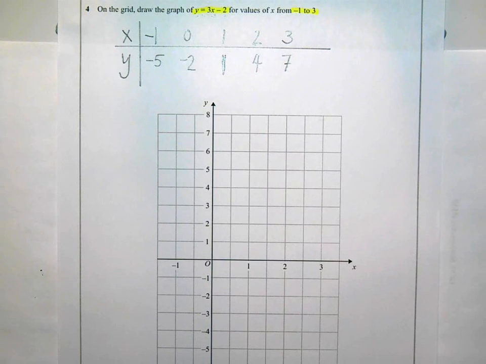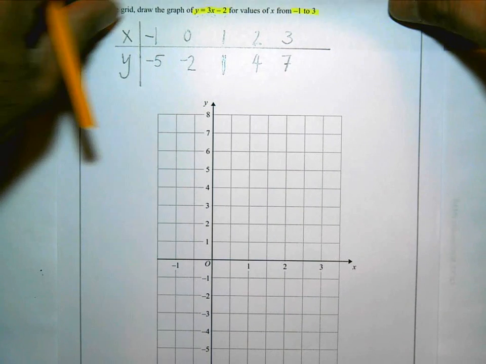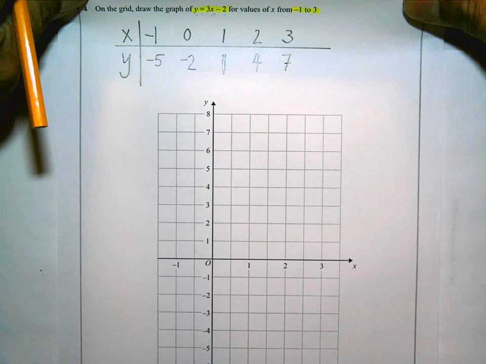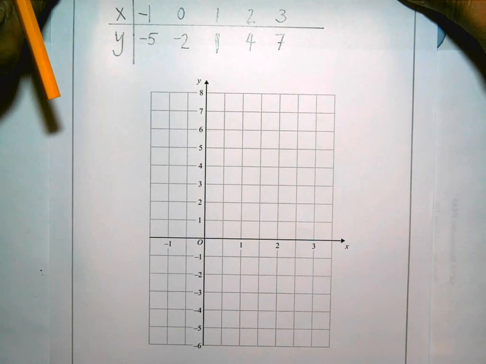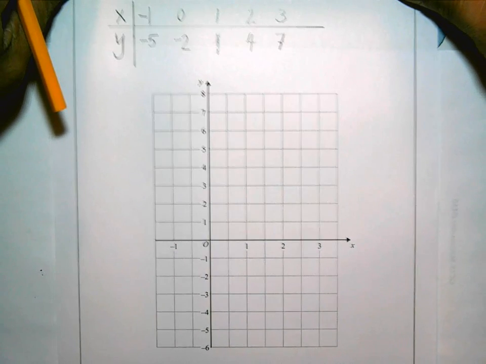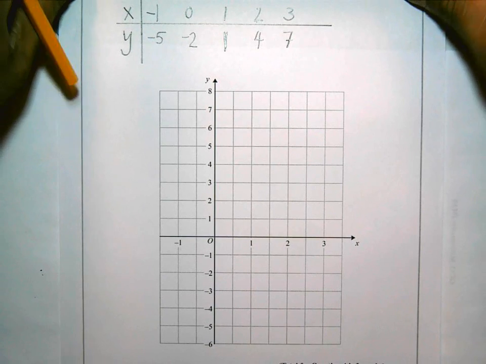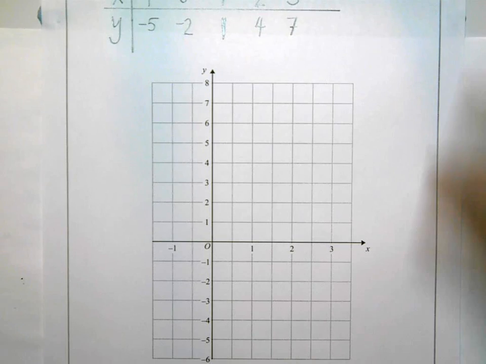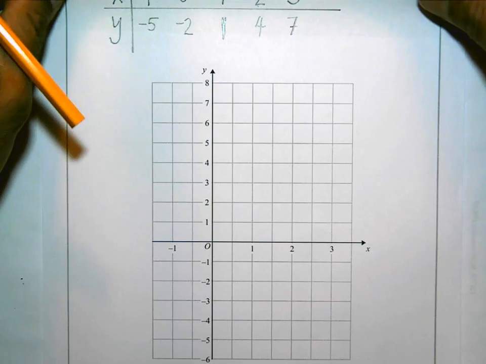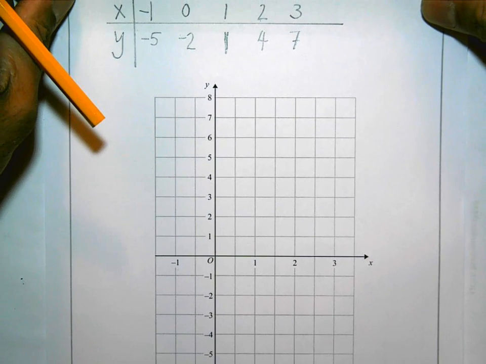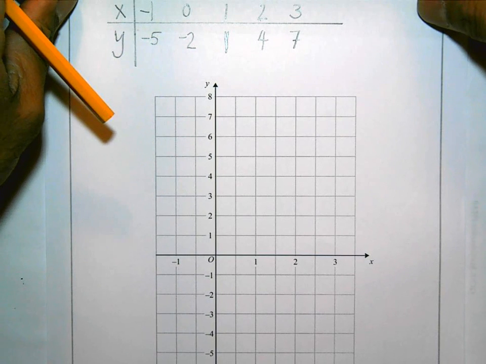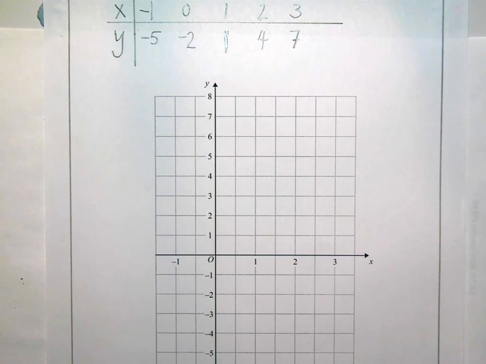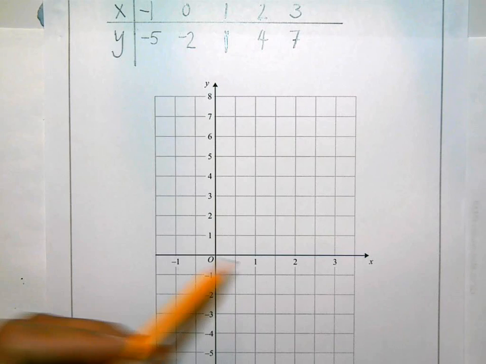I'm going to move this up a bit and zoom in. So let's look at this. Now, when x is 3, y is 7.